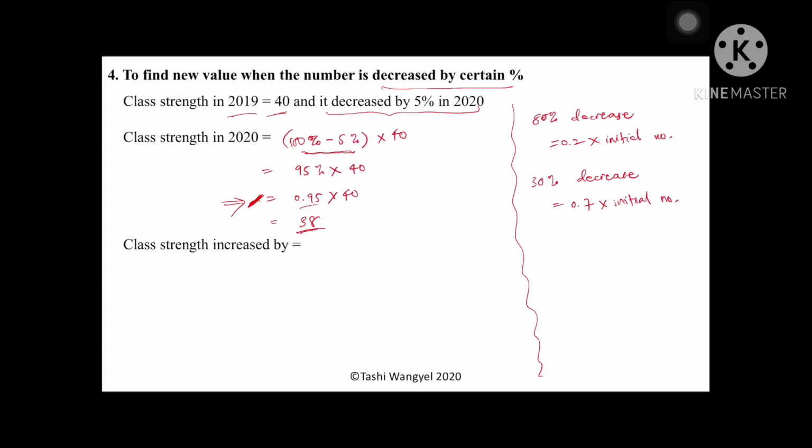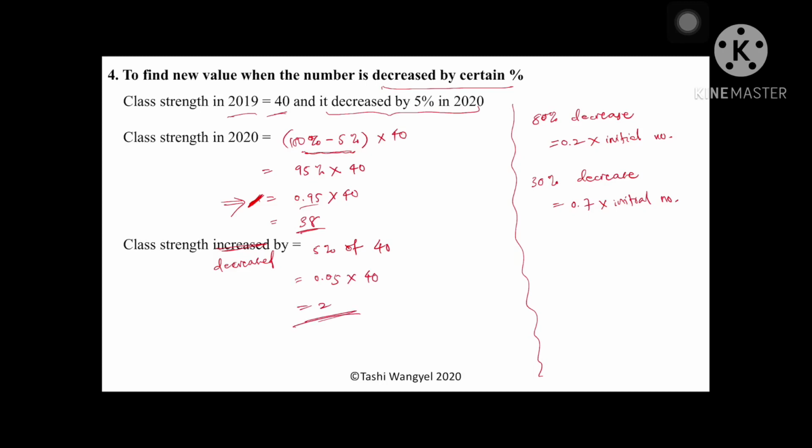If the question is by how much the class strength decreased, the decrease is 5% of the initial number, so 0.05 of the initial number.